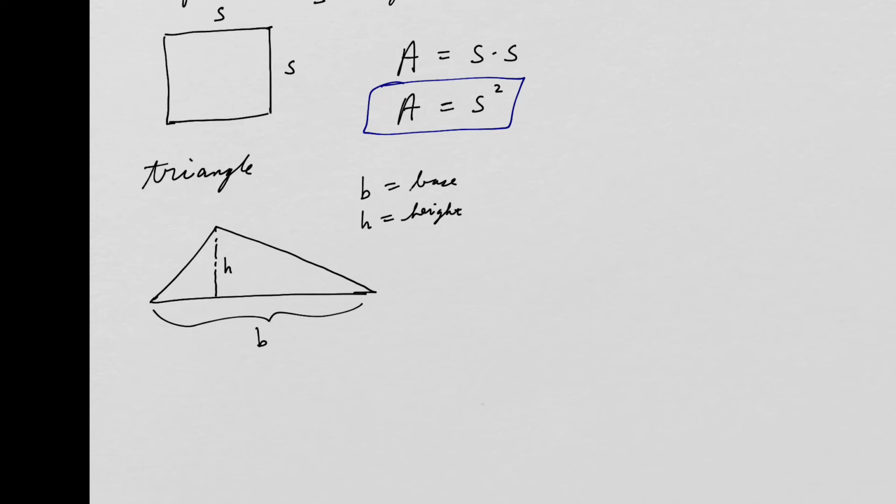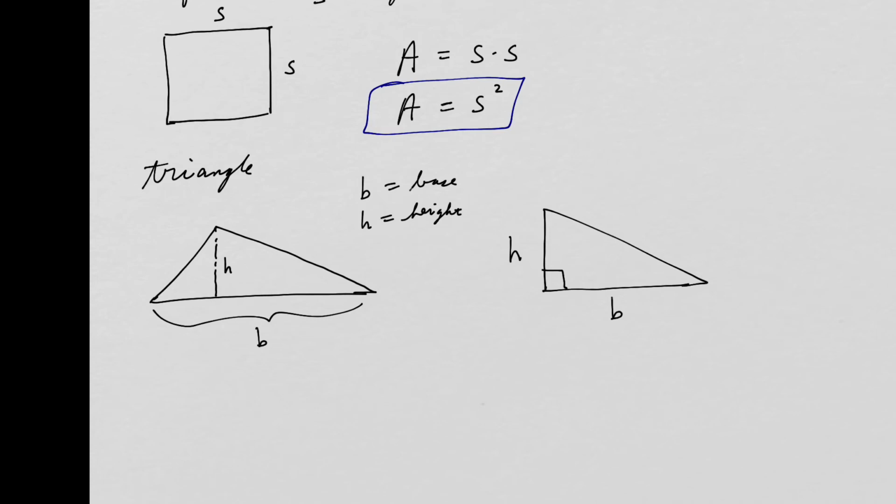Or, I mean, you can draw a triangle different ways, so you have to be familiar. Like, if you have a right triangle, which has a right angle, a 90-degree angle, so that means this angle is 90 degrees, then this is the base, and this is the height.